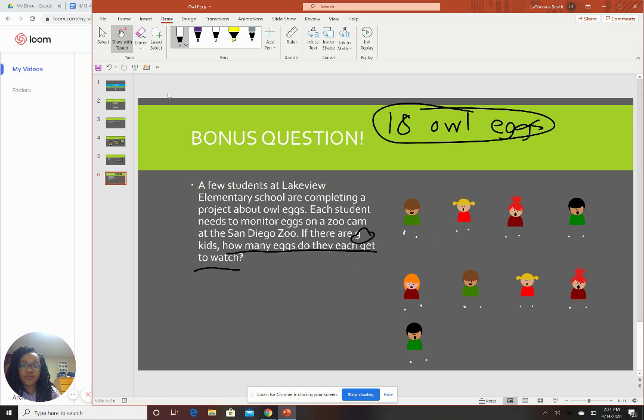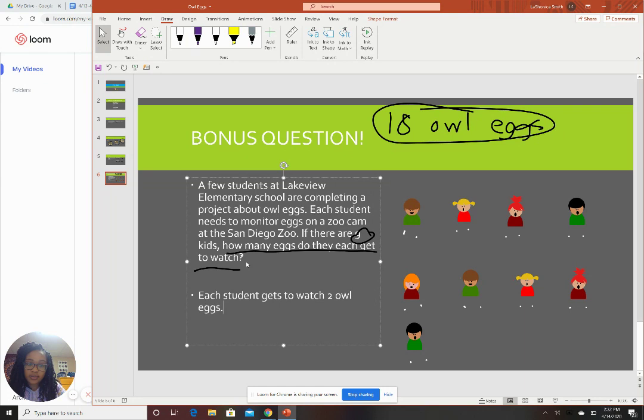So now it's time to write. So we're going to say, how many eggs do they each get to watch? Each kid or each student gets to watch 2 owl eggs. Okay, and there is our writing.